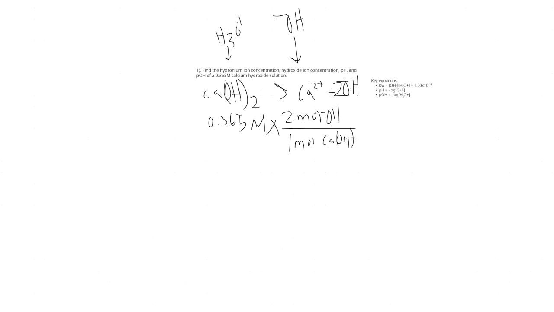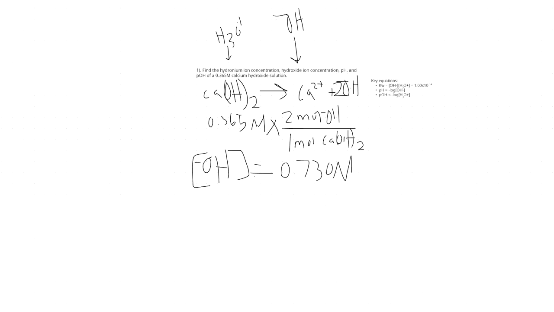That means our hydroxide ion concentration, OH concentration, equals 0.730. We're going to keep that to 3 sig figs, in molarity. We already have one of the four parts of our problem. Now we're going to move on to finding the hydronium ion concentration.